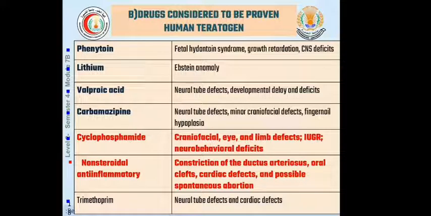The drug cyclophosphamide, which is cancer chemotherapy, can cause limb defects, intrauterine growth retardation, and neurobehavioral deficits.